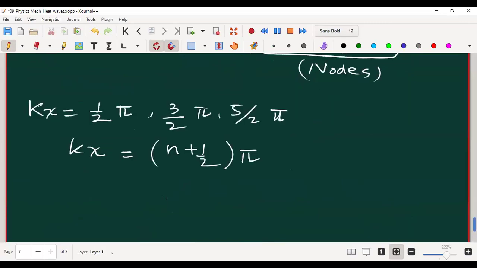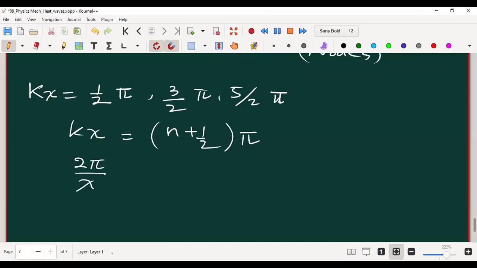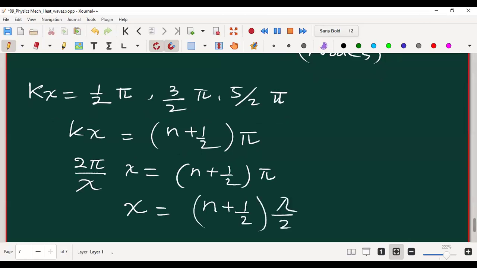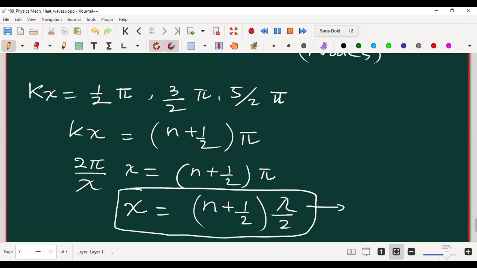Because k is 2 pi per lambda, x is n plus half, lambda per 2. This is the position of antinodes.